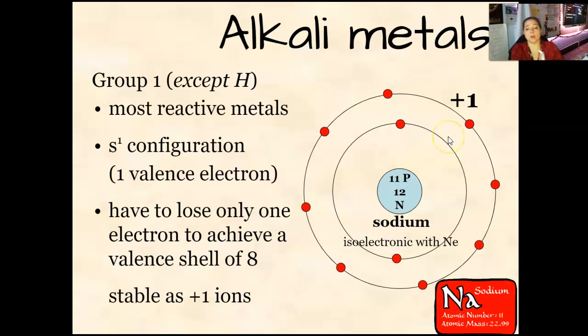And it becomes a +1 atom. Now, it's called isoelectronic with neon, meaning that the atom will look like neon with sodium characteristics in it, because it's got the 8 in the shell, which matches up with neon, which is in the previous energy level, energy level 2.